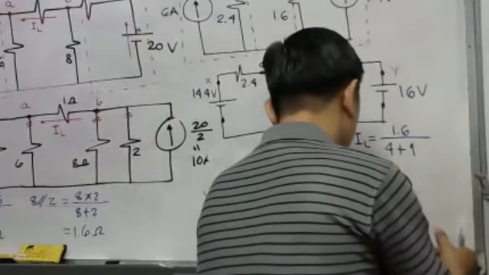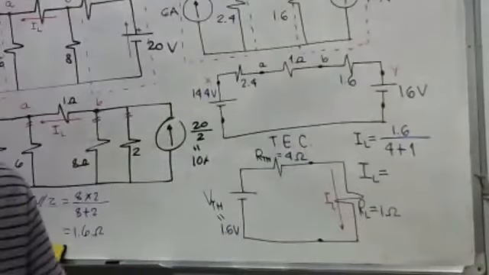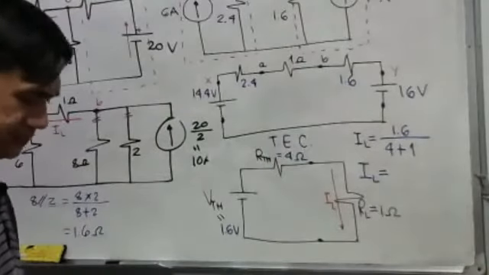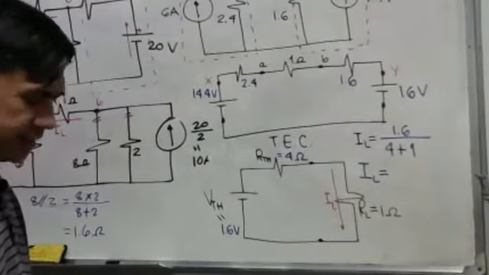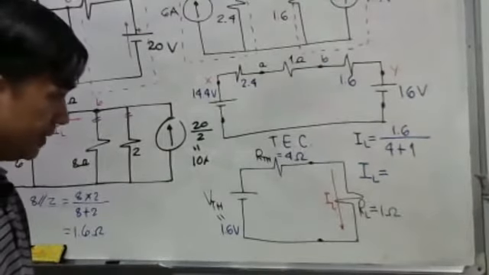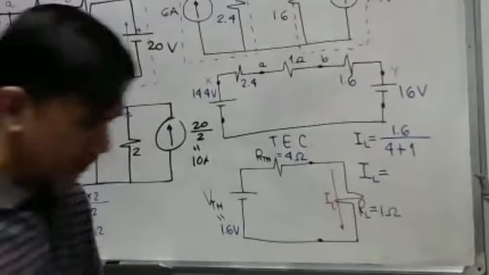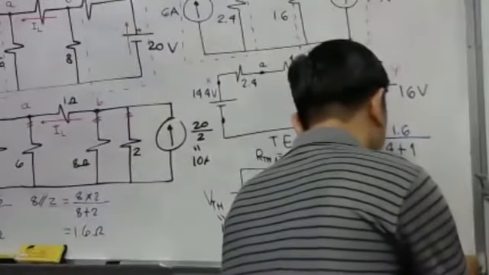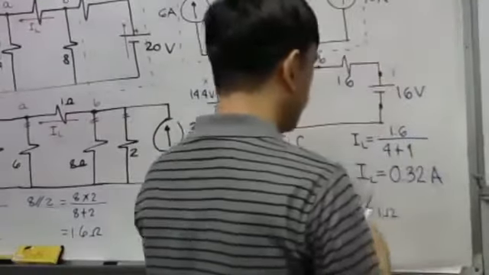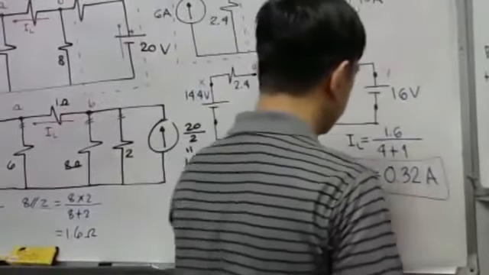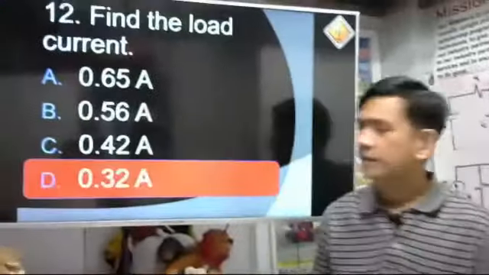So therefore, our load current will be equal to what now? 1.6 divided by 5 equals, so our answer is 0.32 ampere. 0.32 ampere would be letter D.